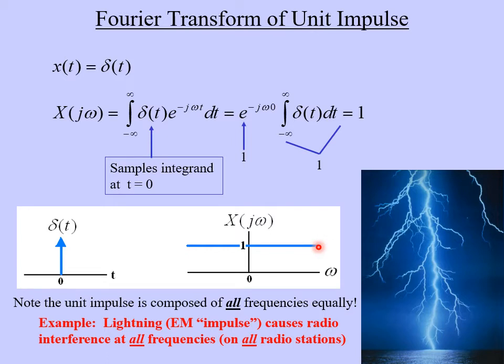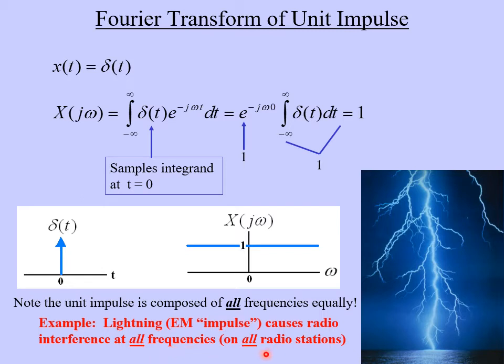An interesting example of this is if you think of a lightning bolt. It's in a sense an electromagnetic impulse or pulse because it occurs very briefly. You have a lot of energy and it shows up and then it's gone, usually a split second later. One of the things about lightning is that it causes radio frequency interference at all frequencies.